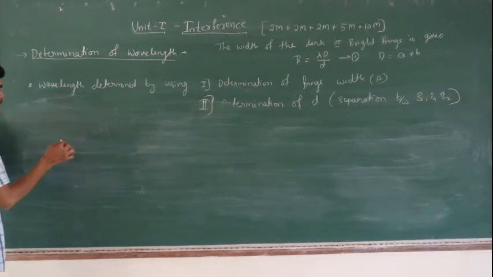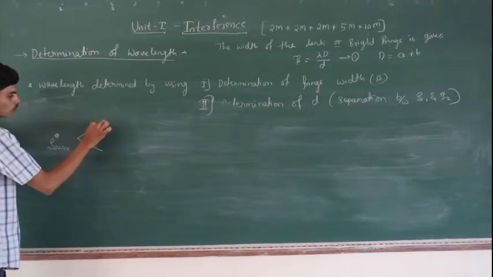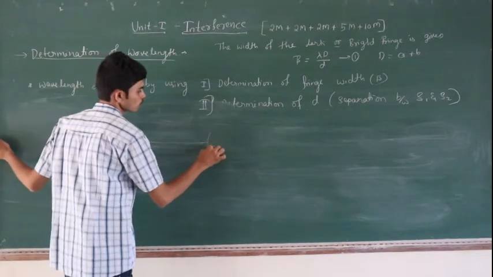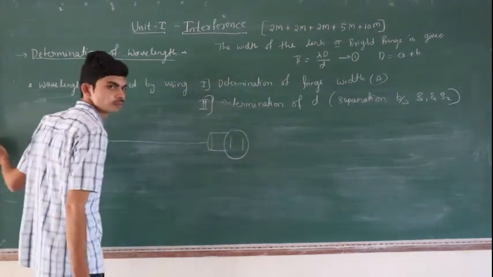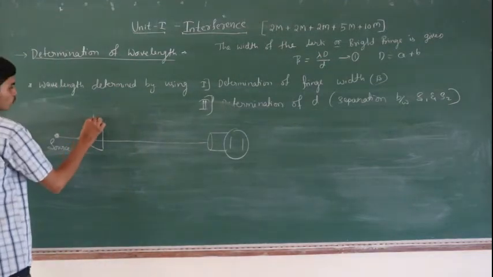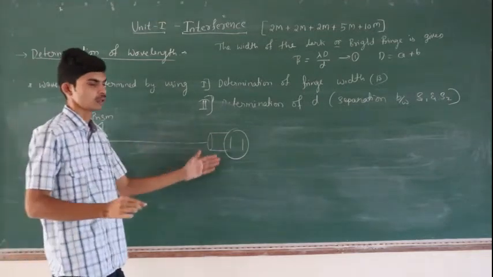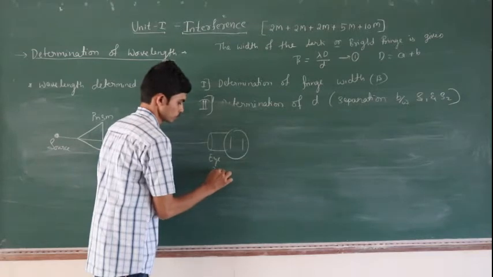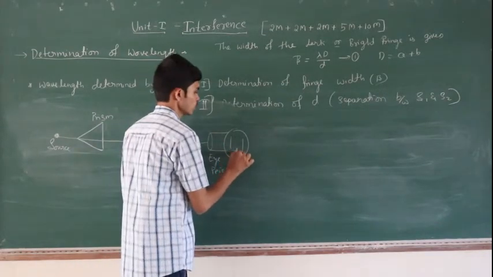Consider in our setup we have the source as well as the prism, the eyepiece and the image formation. So here it is the prism, source and eyepiece, and this is the image formation.